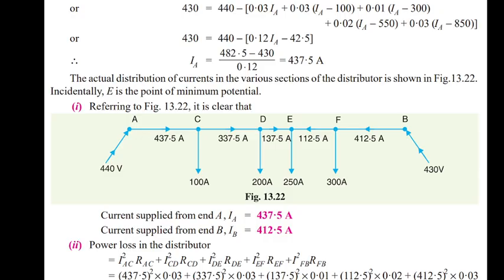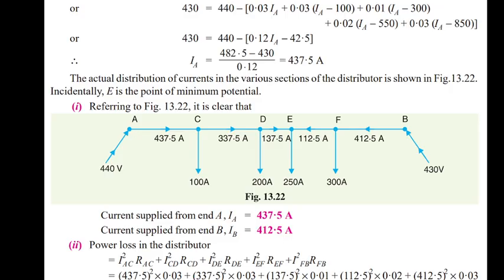So again, in this slide, we present the final result of the distribution system analysis by solving the voltage equation. The current supply from end A is calculated to be 437.5 amp. Based on this value, the current distribution along the different sections of the distributor can be easily determined, similar to the previous example, showing how the current decreases as loads are tapped along the line.